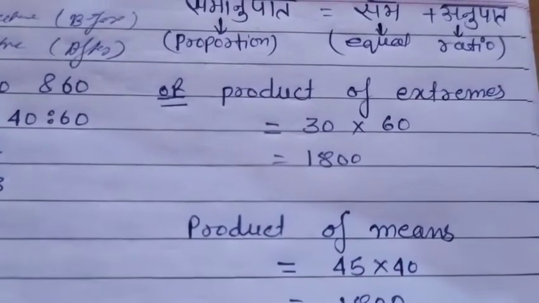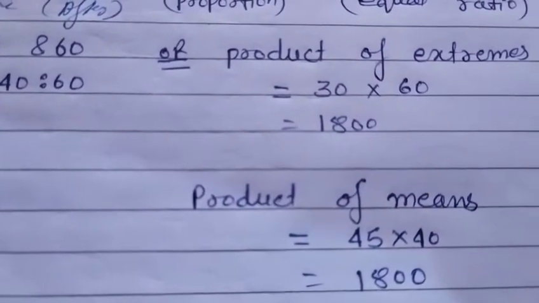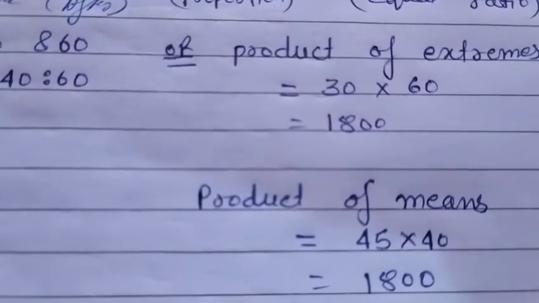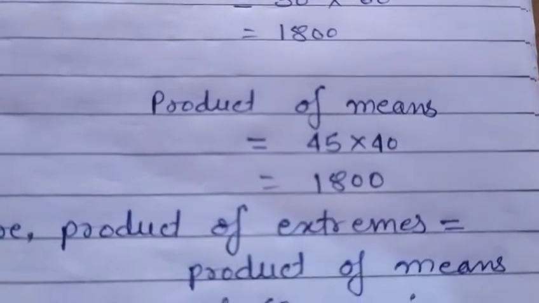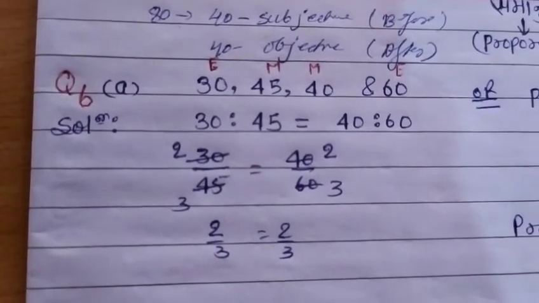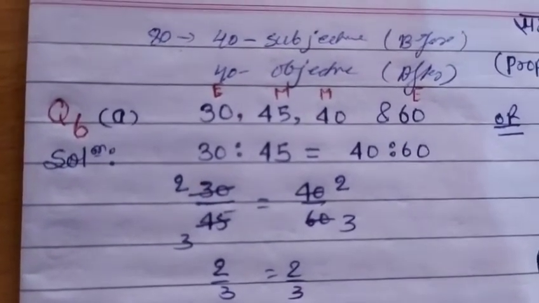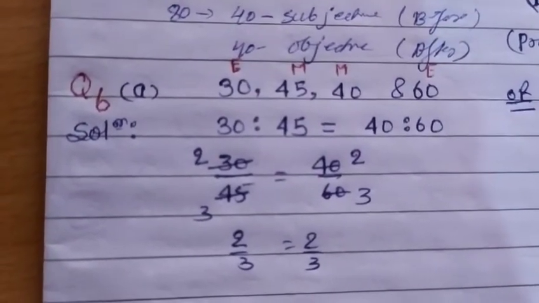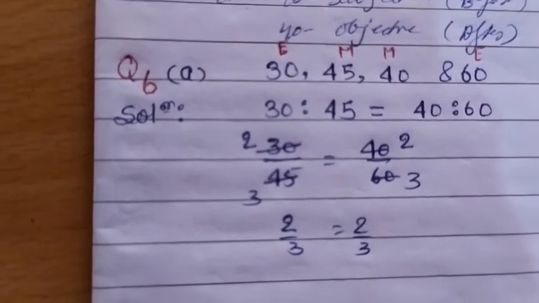Or the alternative solution for this problem is to find the product of extremes and the product of means. Extremes are the numbers on the outer side. For example, in the question 30 and 60 are extremes, and the middle numbers, 45 and 40, are known as means.